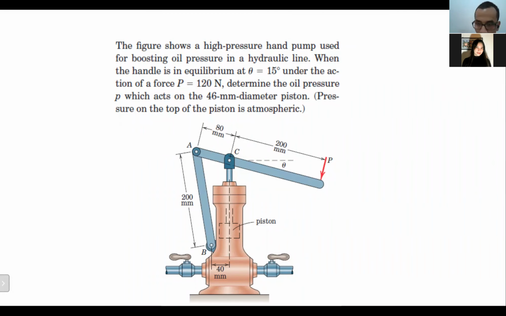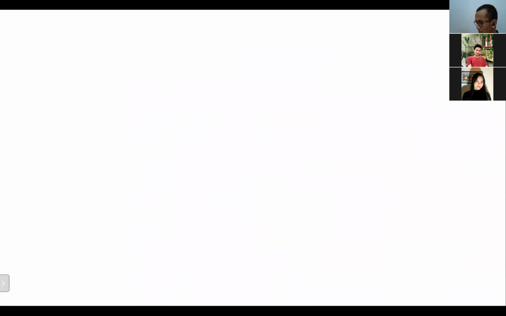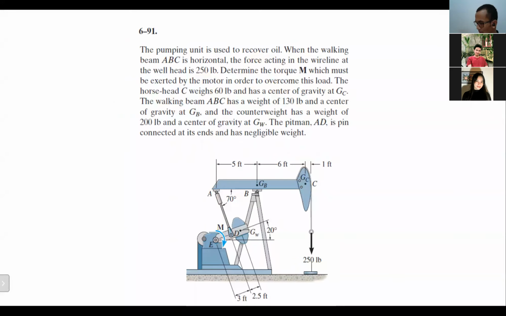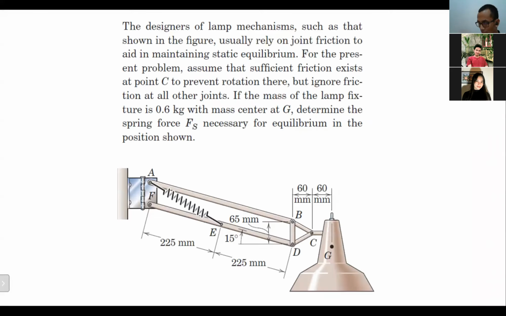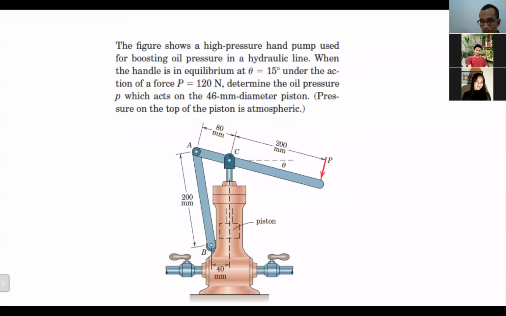So I will continue the discussion on the Feynman machine. As I told you guys yesterday, for today, we will continue with some other problem examples, maybe 3 to 4 problem examples. Then I will give you some homework.